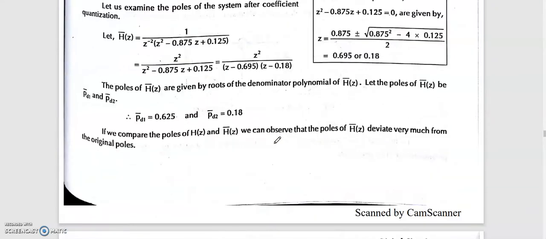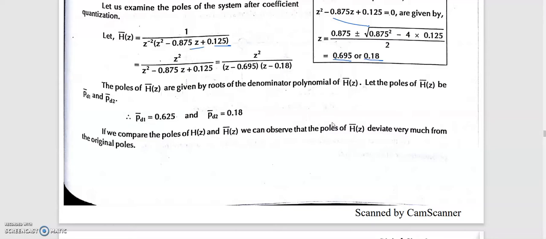From that transfer function, we take z raised to minus 2 common, so it becomes z squared, and the denominator becomes z squared minus 0.875 z plus 0.125, and we find the roots of that equation. When we find the roots, they are 0.695 and 0.18.